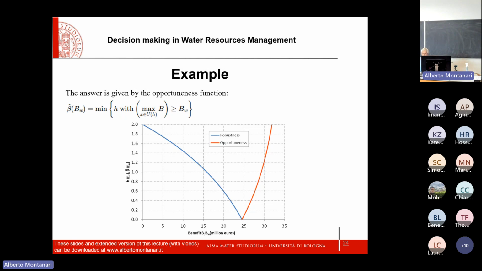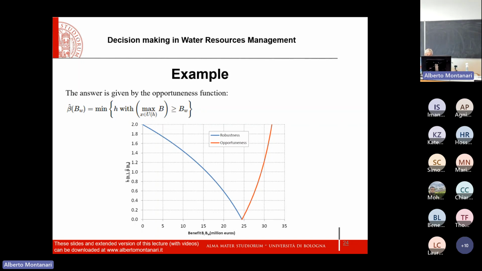The vertical axis is displaying H hat and beta hat. Beta hat, not beta tilde. Sorry. So it's looking at the minimum H, beta hat, that gives me the possibility to obtain the windfall.